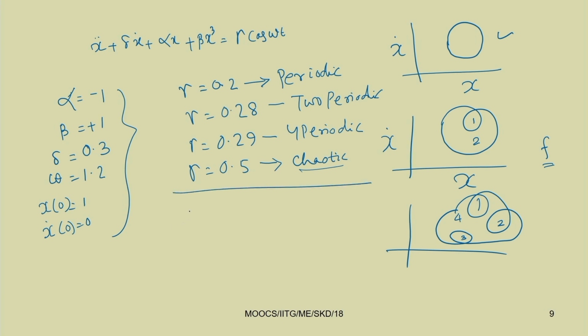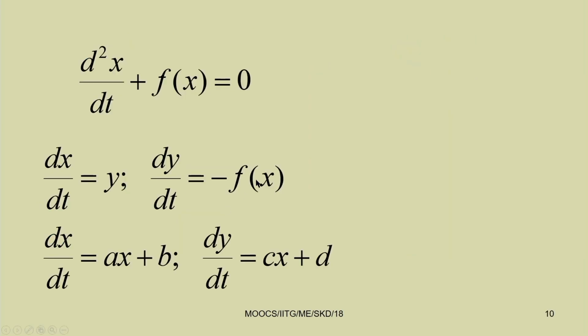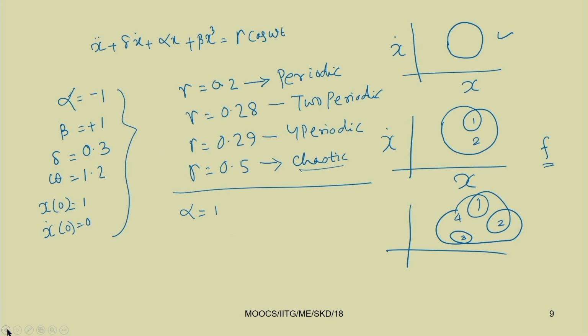In this particular case, you have taken alpha equal to minus 1. If you see this equation, x double dot minus alpha x, the system is unstable.